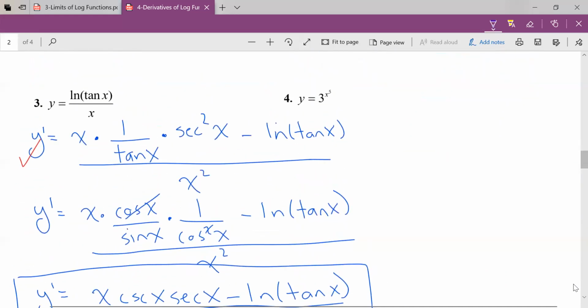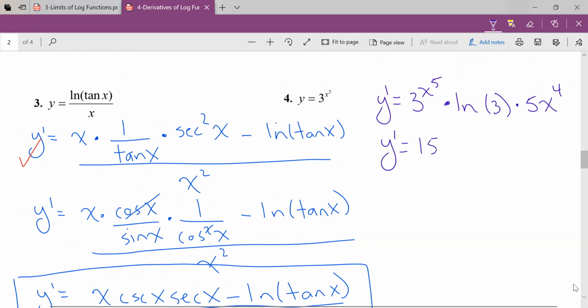So we come back here. What we're going to get, y prime: the derivative of that is the function itself times the natural log of the base times the derivative of the exponent. It's that chain rule that we have to apply.